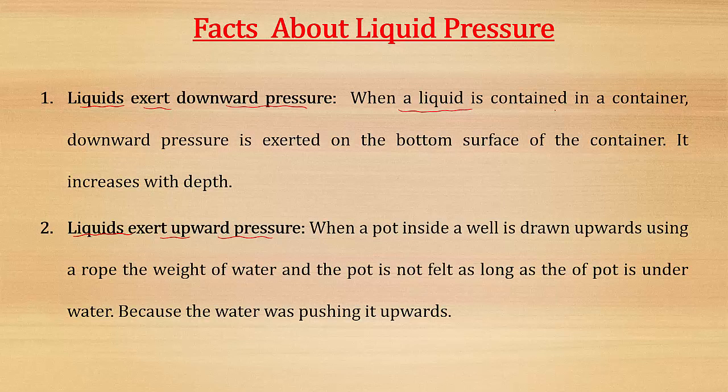When a liquid is contained in a container, downward pressure is exerted on the bottom surface of the container. It increases with depth. Remember, a liquid will exert downward pressure when it is in a container. As depth increases, downward pressure also goes on increasing.